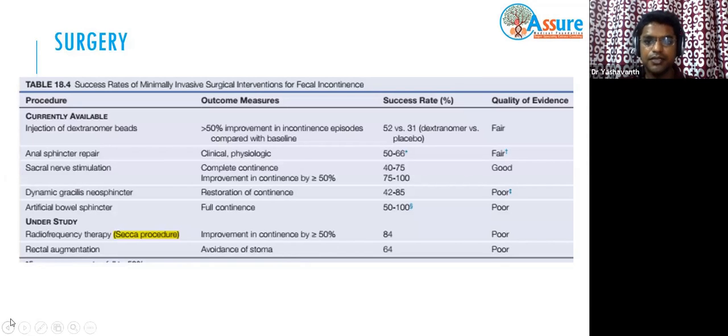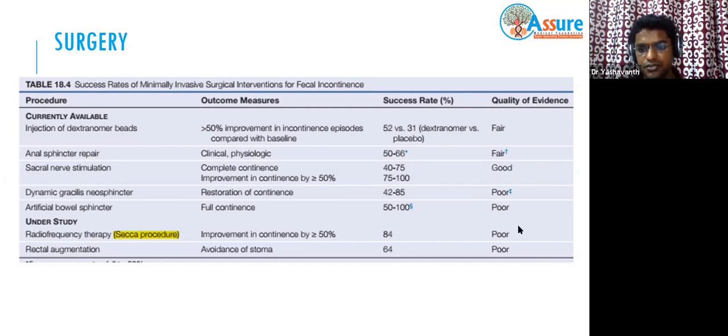Surgery: whenever there is a tear secondary to obstetric injury or any other surgery, doing surgery to repair has a good result. Surgery in the presence of neuropathy does not give a good result. Most of the surgical measures, injection of dextranomer beads and anal sphincter repair, have a good or fair result, and even sacral nerve stimulation.